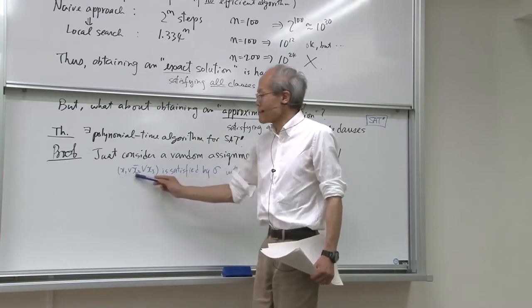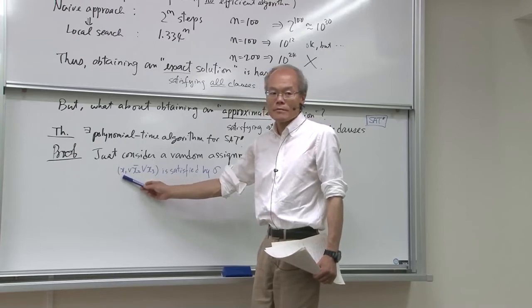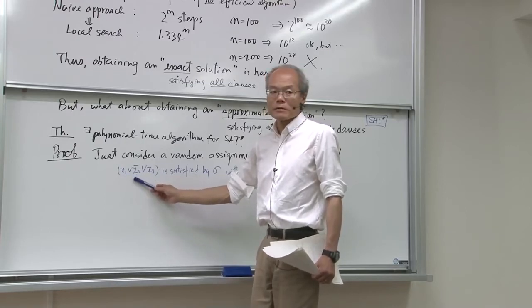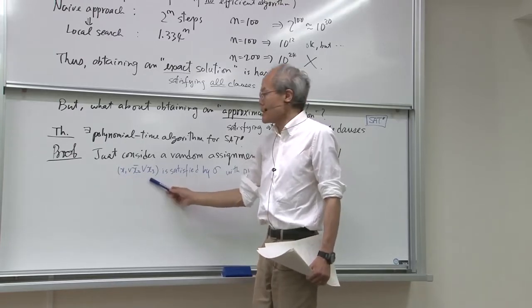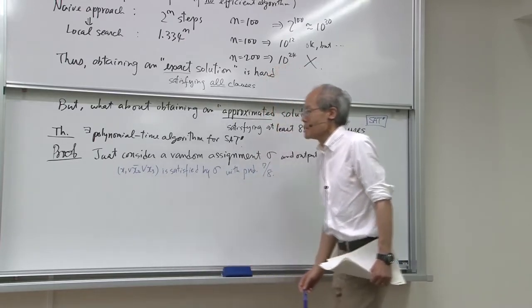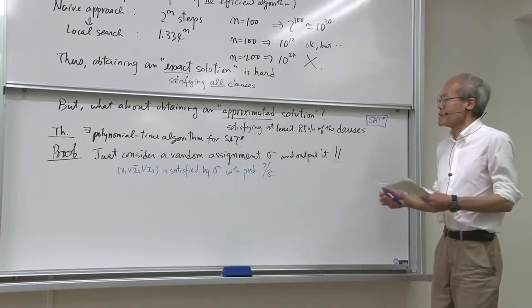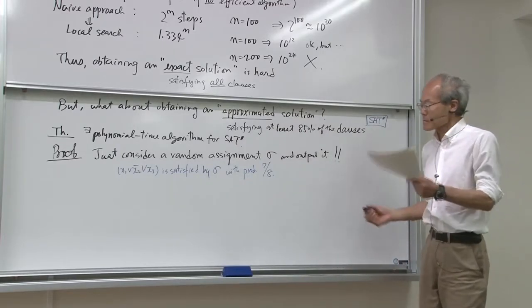Okay? But this literal becomes false with probability 1/2, this one becomes false with probability 1/2, and this one 1/2. So the first clause is satisfied by sigma with probability 7/8.